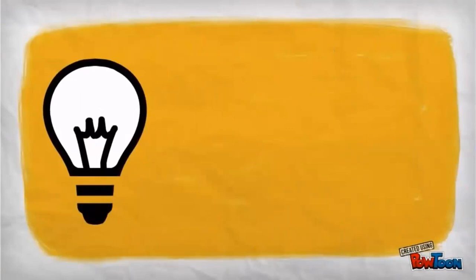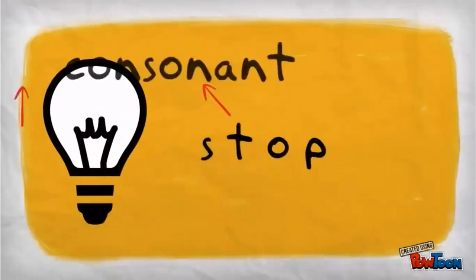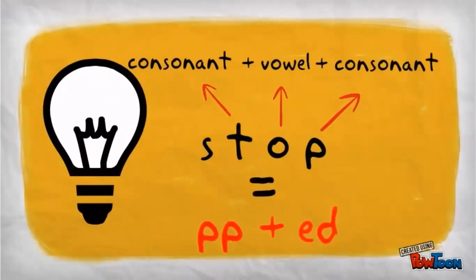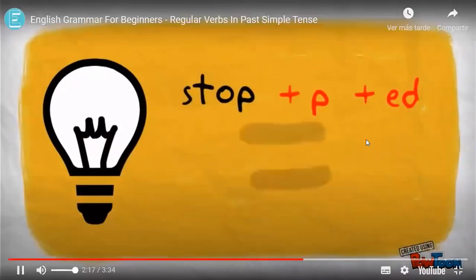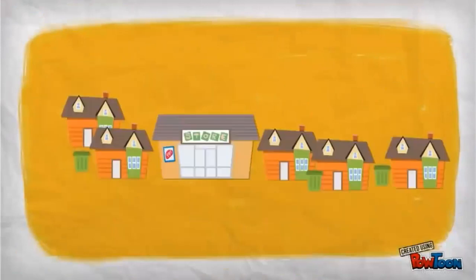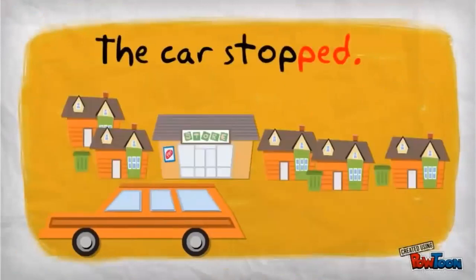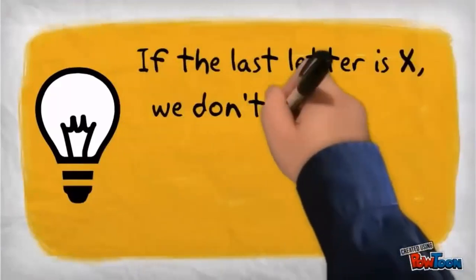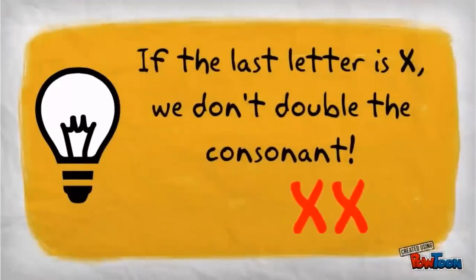Remember, when the verb ends in consonant plus vowel plus consonant, we double the last consonant and then we add ed in the end. For example, stop, stopped. The car stopped. If the last letter is X, we don't double the consonant.